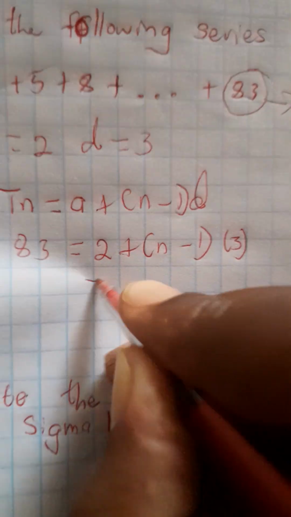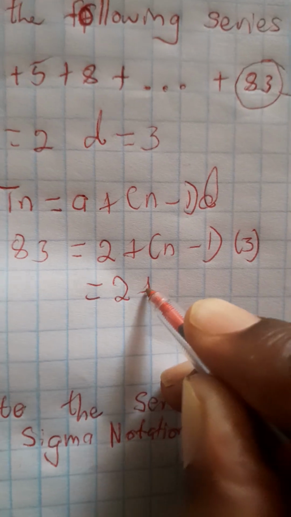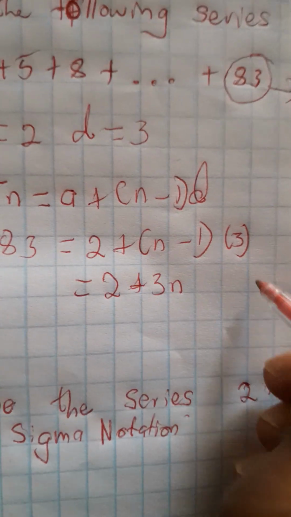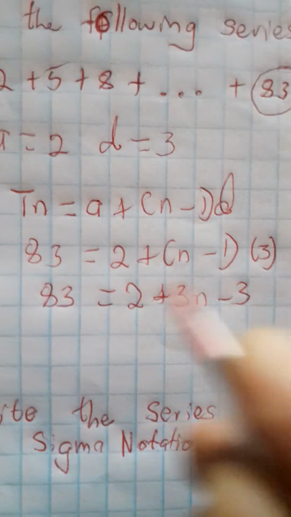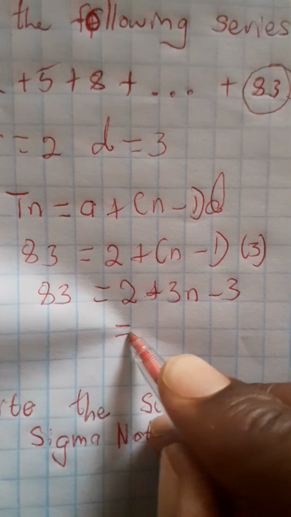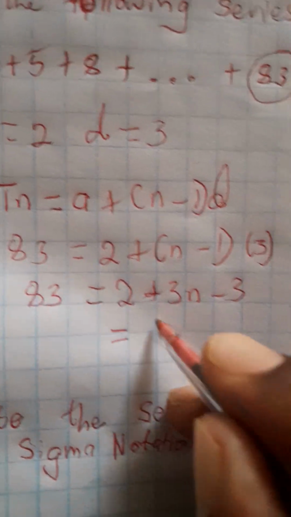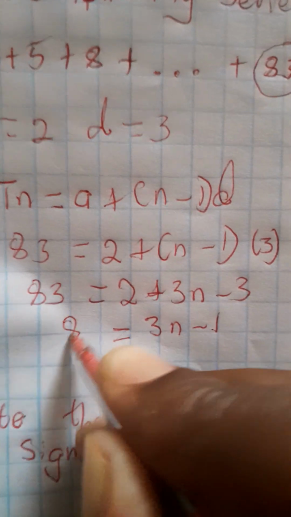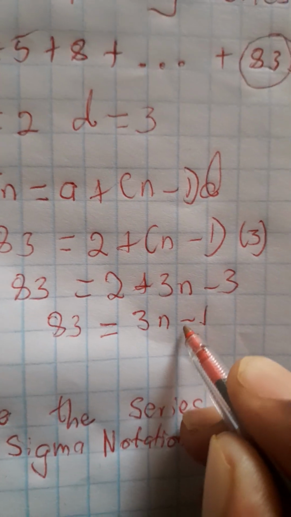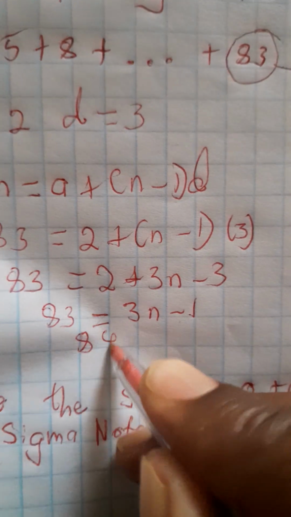So let's work this algebraically. This is 2, then 3 times n is 3n, and negative 1 times 3 is negative 3. Then we have 83. Collecting like terms, 2 minus 3 is minus 1. So we have 3n minus 1 equated to 83. Taking negative 1 to the other side, 83 plus 1 is 84.